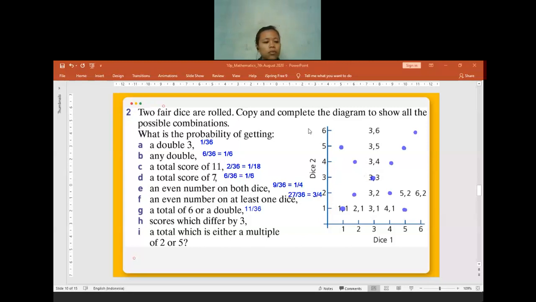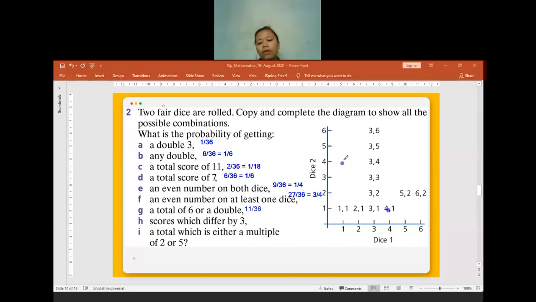Maybe 6. How did you get 6? No, wait, let me clean up. 1,4: the difference is 3. 1,4, and then 2,5, 3,6, 4,1, 5,2, 6,3. The difference is 3.